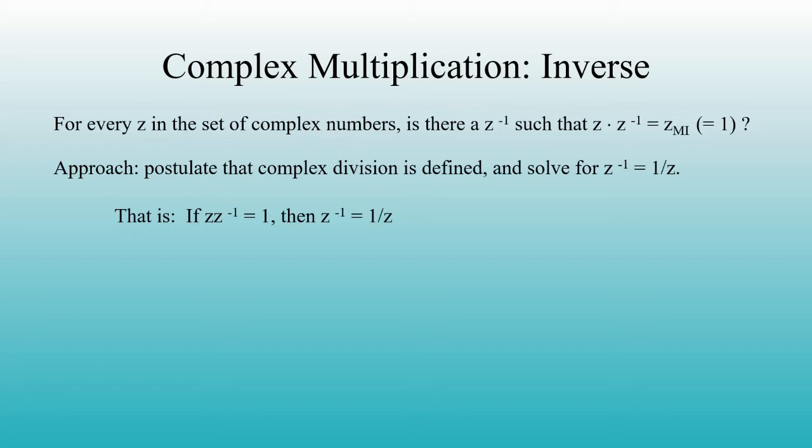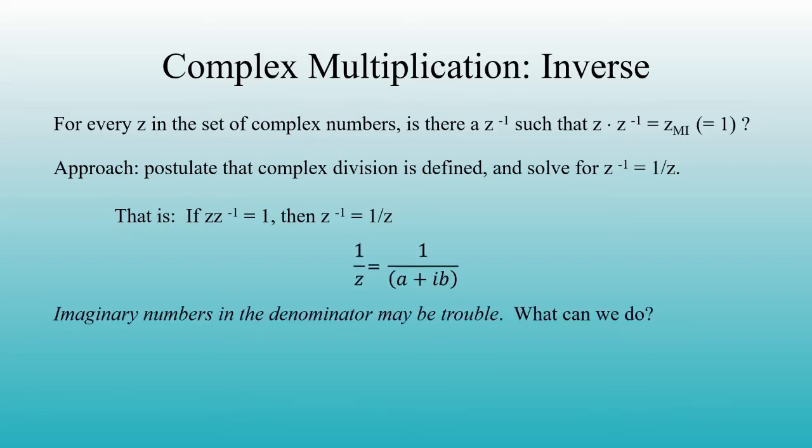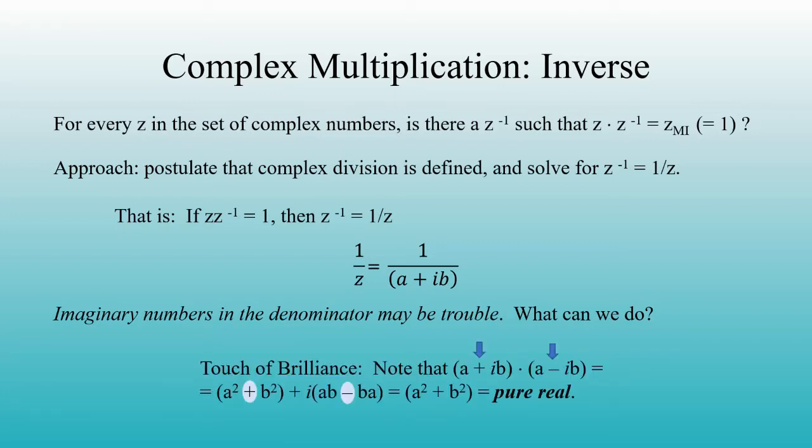Okay, if z equals a plus ib, then 1 over z can be expressed like this. Is this okay? Are we even allowed to have imaginary numbers in the denominator? The standard approach at this point is to use algebra to get i out of the denominator if possible. We can do this by the now standard trick.